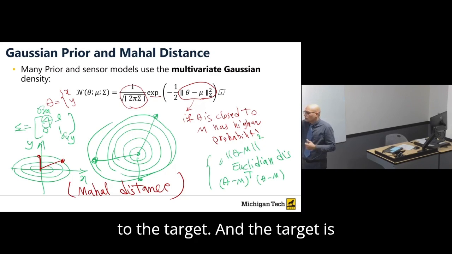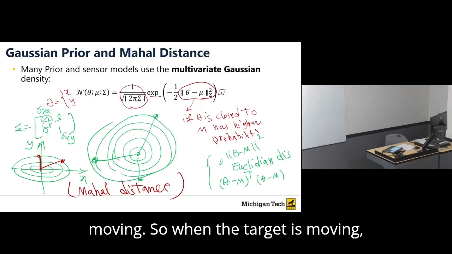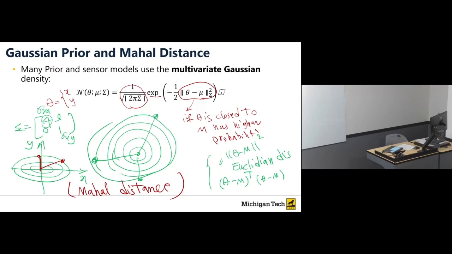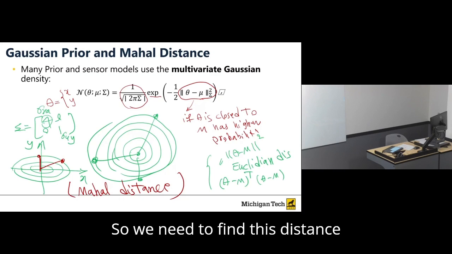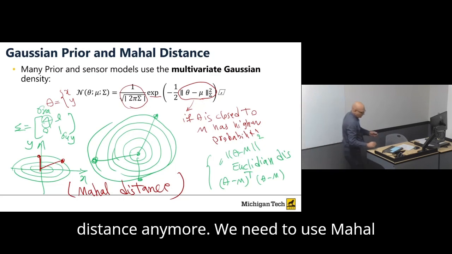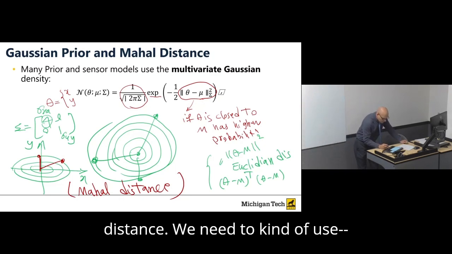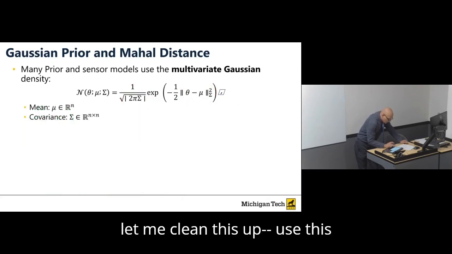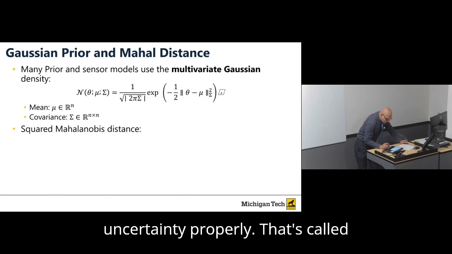You want the distance to the target. And the target is moving. So when the target is moving, this sigma in x and y is different. So we need to find this distance properly. And we can't use Euclidean distance anymore. We need to use Mahal distance. Let me clean this up, and use this uncertainty properly.